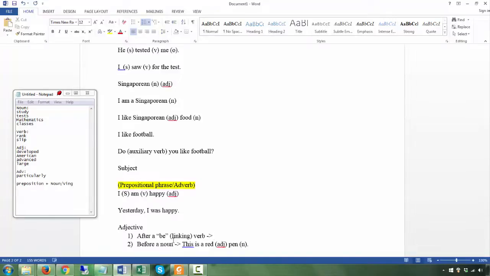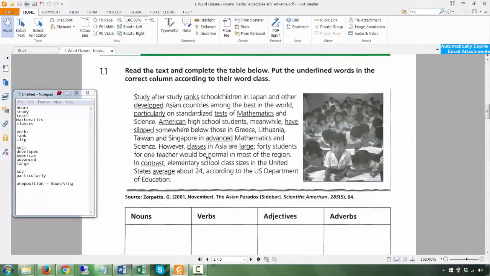Let's say after a be verb could be like, he is happy. Okay, that is your adjective here, and that is your be verb here. And this is of course your subject. He is of course your subject, right? So that's why large after the be verb, that's an adjective, right? After a be verb could be a noun also. Doesn't have to be an adjective, right?